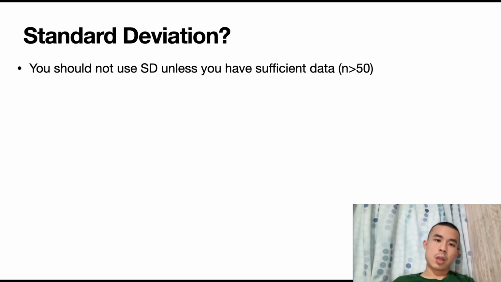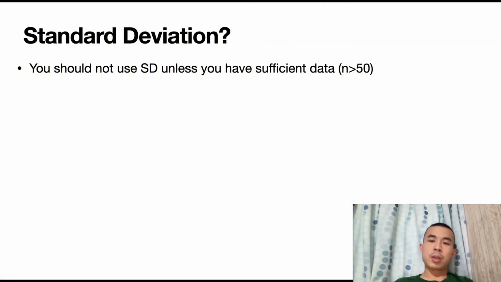And I want to address this especially for people who study biology. I know that biology requires standard deviation sometimes. Now for chemistry, it's very, very rare to use standard deviation. Let me give you some more details on why usually we don't use standard deviation.